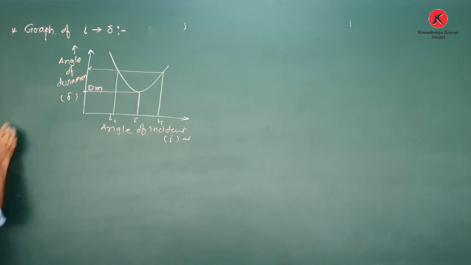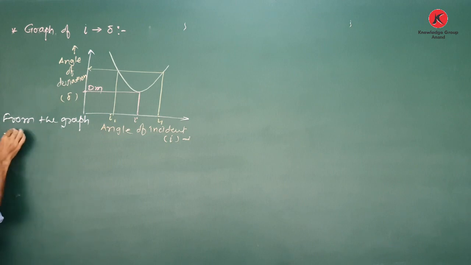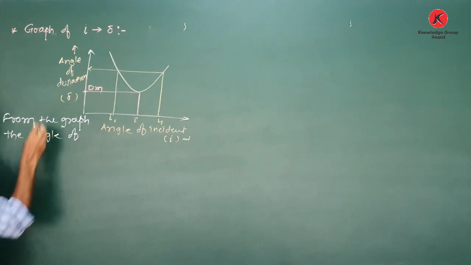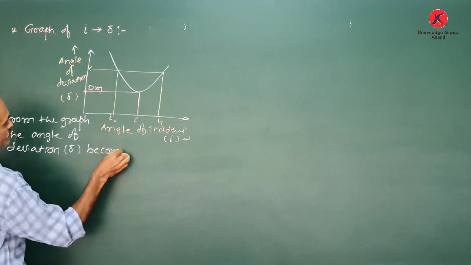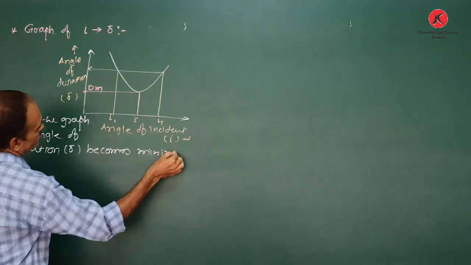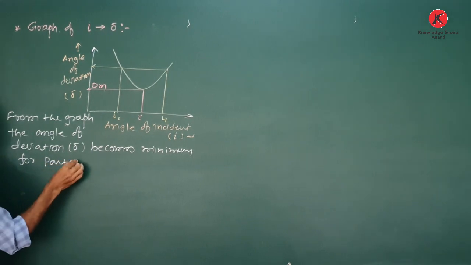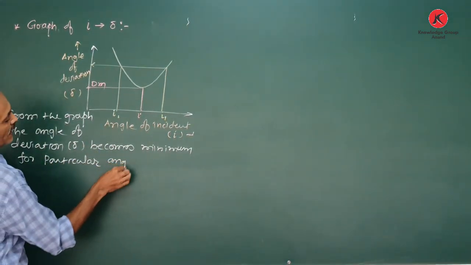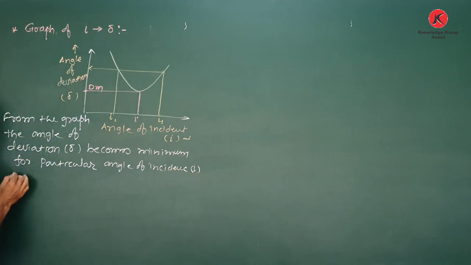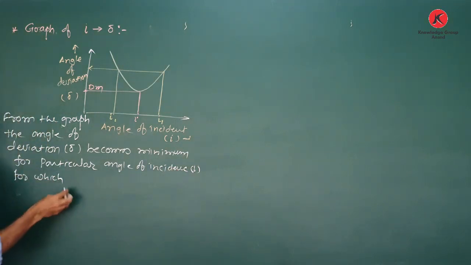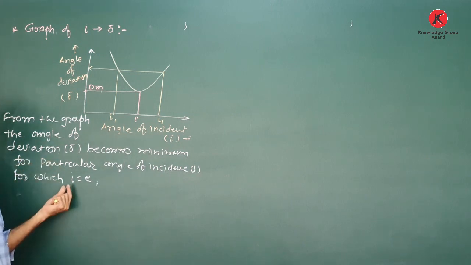So from the graph, the angle of deviation delta becomes minimum for a particular angle of incidence i, for which i is equal to e.